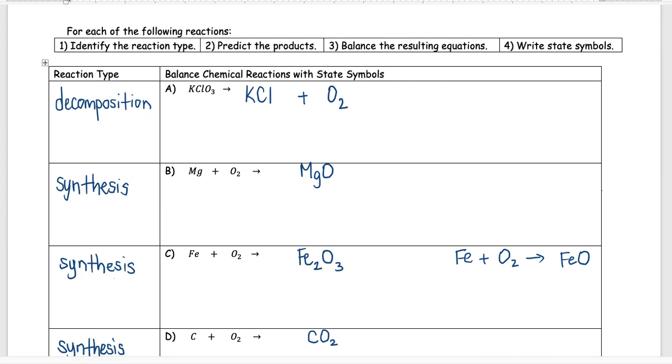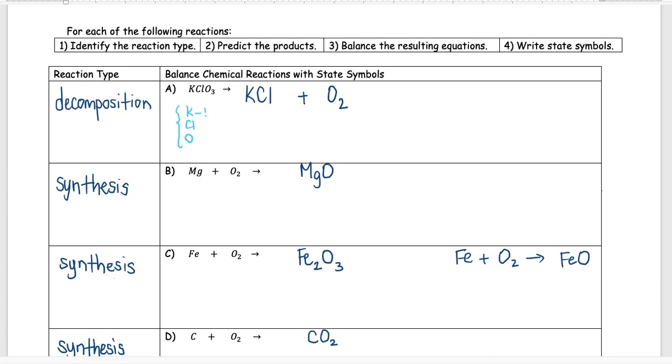All right, so for the numerical way, I'm just going to list off all of the different elements that we do have. So here in this first compound, we have a potassium, a chlorine, or here I'll break up the chlorate into these. Okay, so I have these 3 elements.